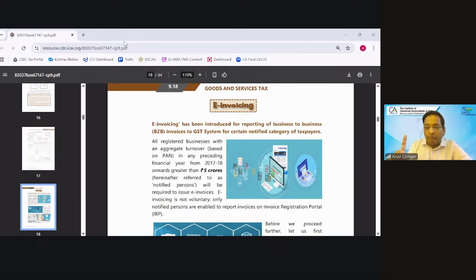According to that, it is November 25. No. In the current financial year, if the turnover exceeds, then from next year e-invoicing would be applicable, because the word is any of the preceding financial year.